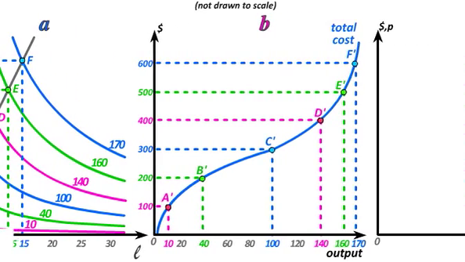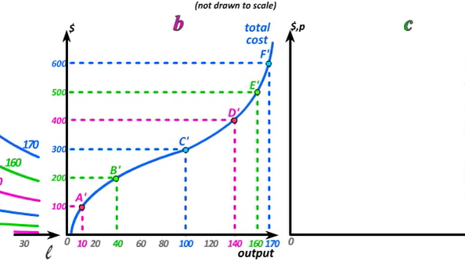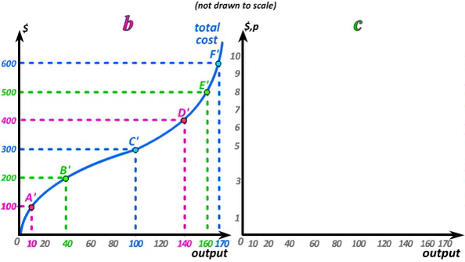From the information in panel B, we can now derive the average and marginal cost curves. For the average cost curve, we can start with point A prime, where we know that we can produce 10 units of output with $100. In other words, at A prime, the average cost is 100 divided by 10. That then gives us the first point on our average cost curve, where for 10 units of output, the average cost is $10.